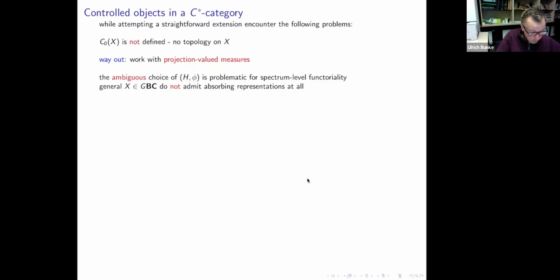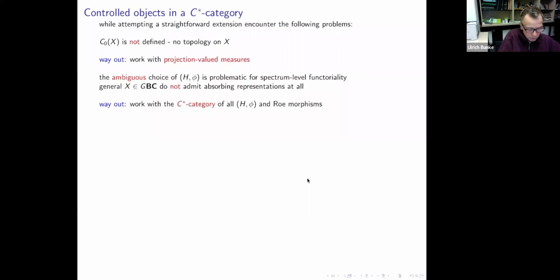And even worse, in this generality we do not have absorbing representations at all in general. If the group, for instance, doesn't act properly, then we cannot have that. So the question is how we can solve this problem. The way out is: don't fix an absorbing representation, but work with all such representations.